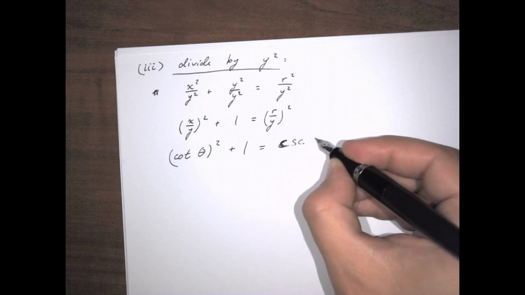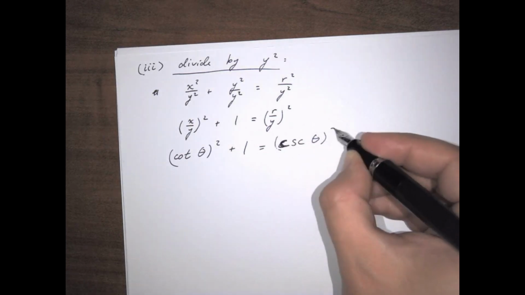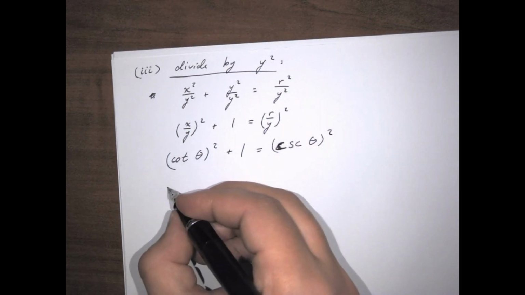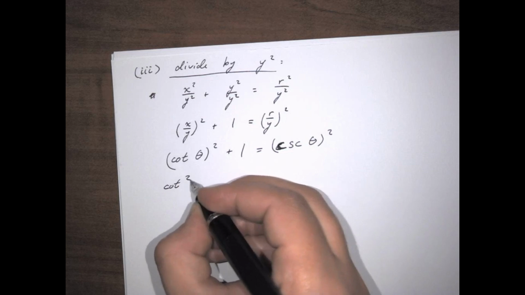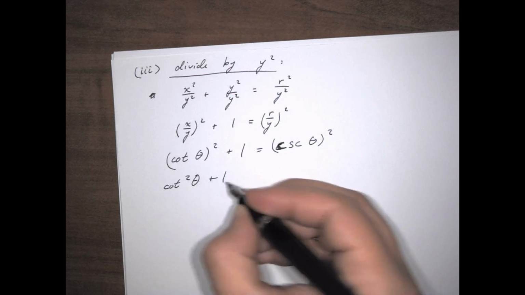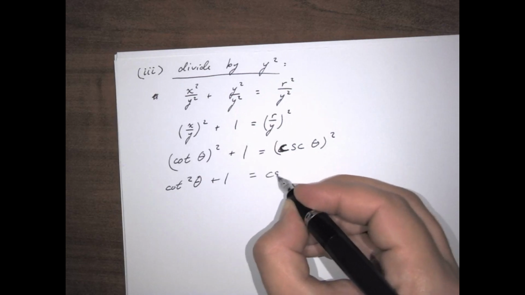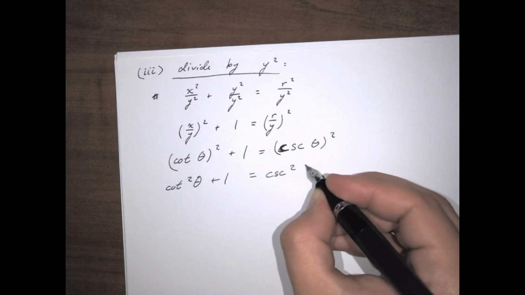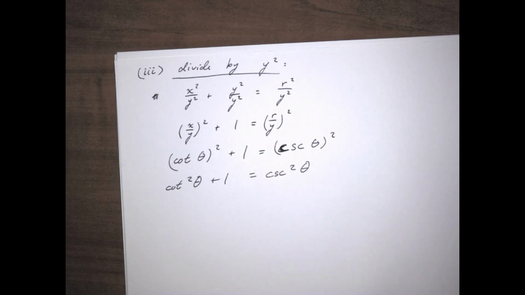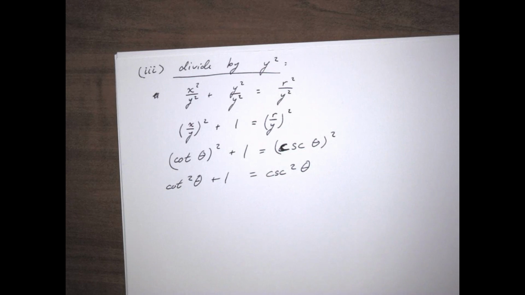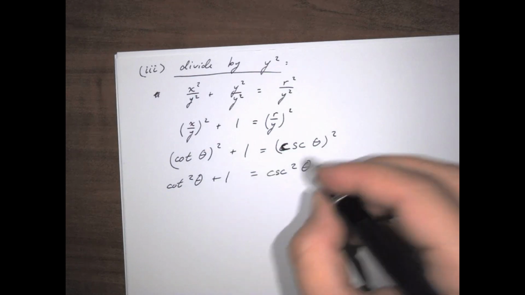Cosecant of theta all squared. And then the way that's usually written is cotangent squared theta plus 1 is cosecant squared theta. All right, so there we have it.